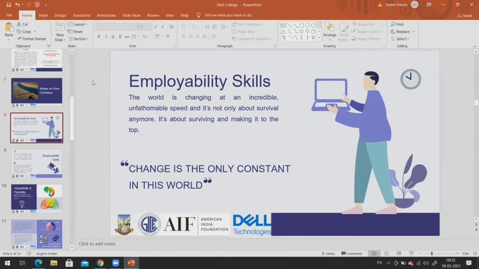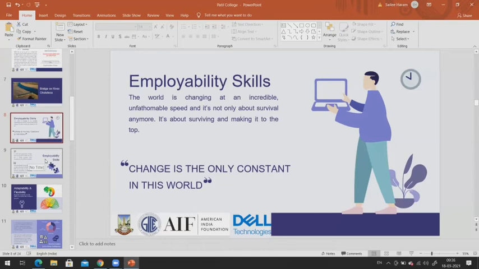So what are employability skills? Employability skills are the core skills which are required in any job. These are general skills that make someone desirable in an organization. When managers are hiring, they will always look for some skills in you.